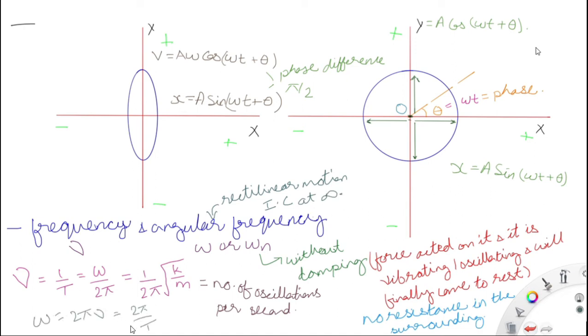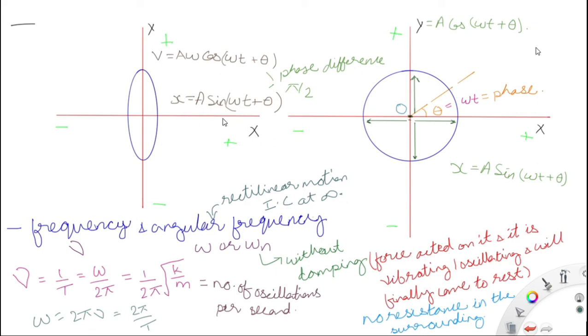In this curve, both are on a 2D plane. This is the y axis and this is the x axis, and similarly this is the y axis and this is the x axis. Now I have plotted velocity on the y axis and displacement x on the x axis.